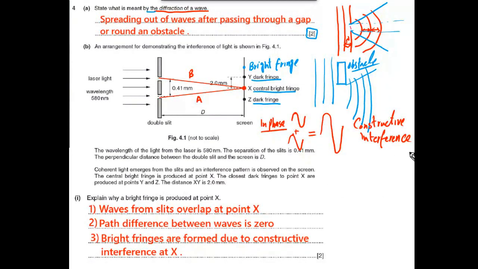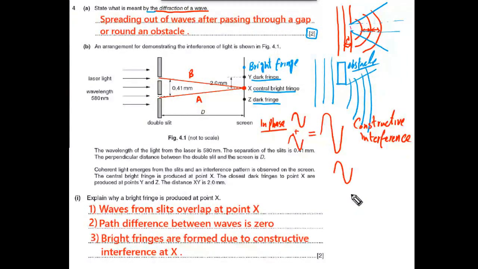The second thing is, now let's say we have one wave like this, and the other wave is in antiphase, like this. Let me draw it in a better way.